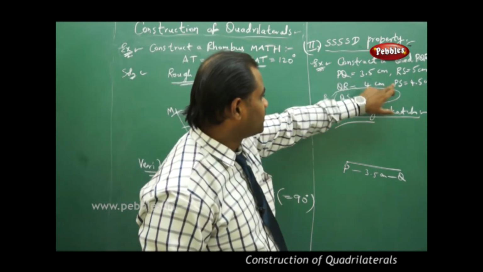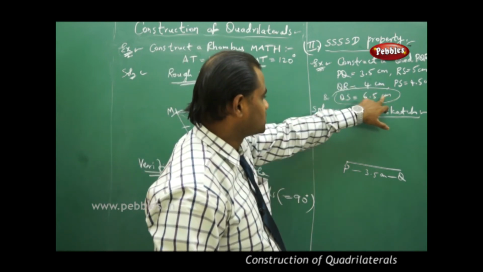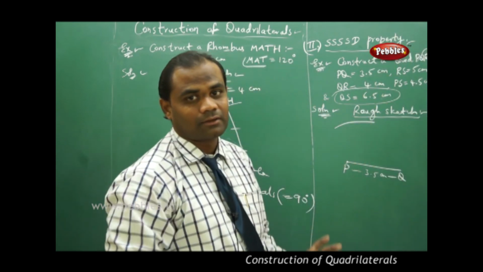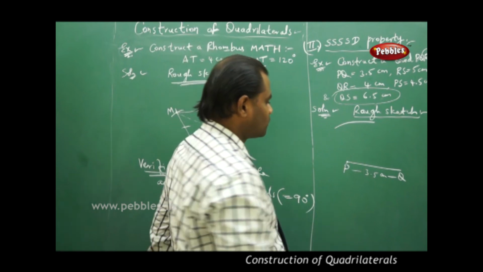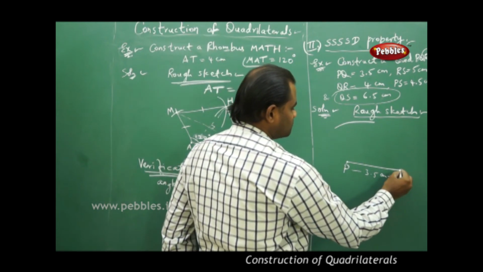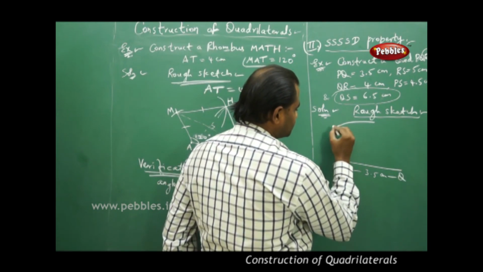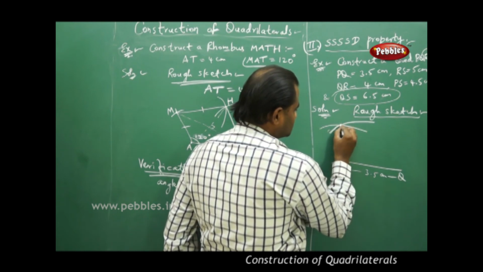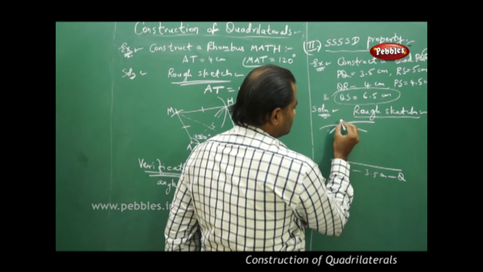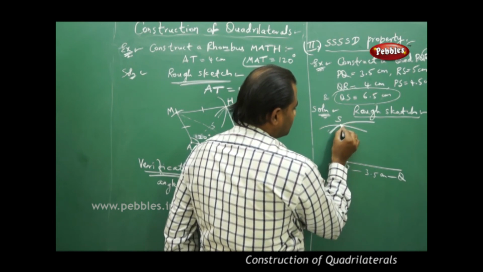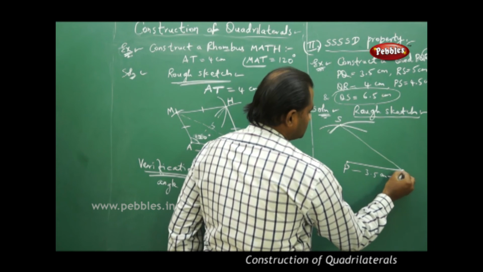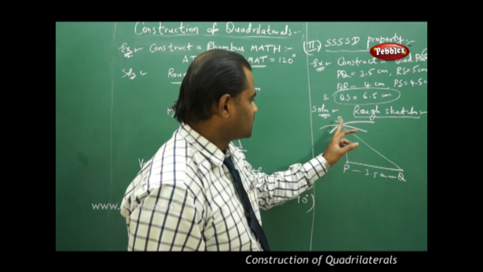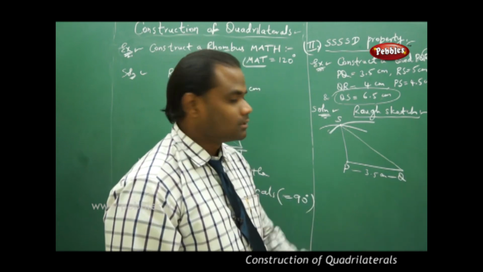I understand that QS is the diagonal because QS would always be the alternate vertices forming a diagonal. So from Q, I'll take the measurement of 6.5 centimeters and cut an arc so that it cuts somewhere like this. So from here, this would be the point S from where I can construct a diagonal. So PS, and join this to get the diagonal QS.